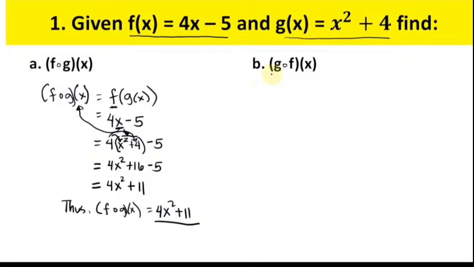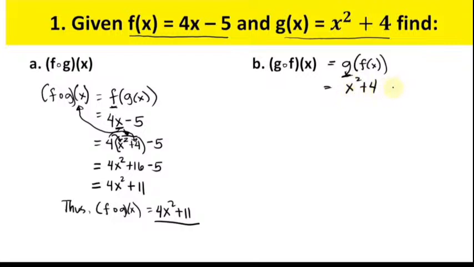So, for letter B, we have the composition of g of f of x equals g times f of x. So again, kung anong nauna dito, kopyahin natin yung value ng g of x. So g yung nauna, so ang value ng g of x is x squared plus 4.